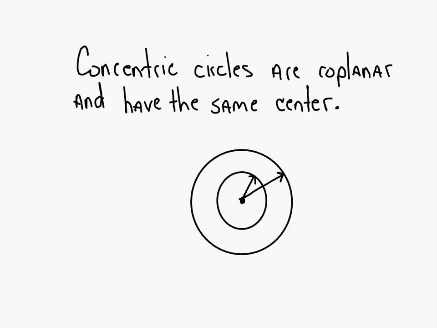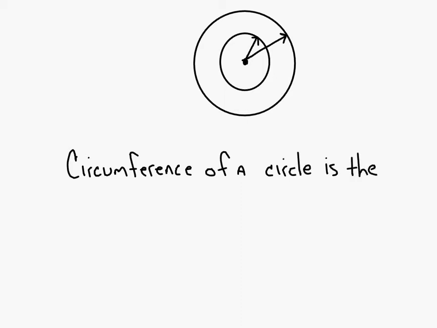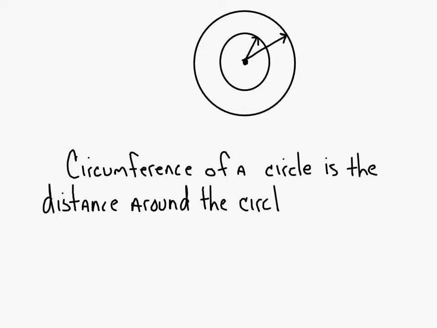Circumference of a circle is the distance around the circle. The formula for circumference: circumference is equal to pi times the diameter.